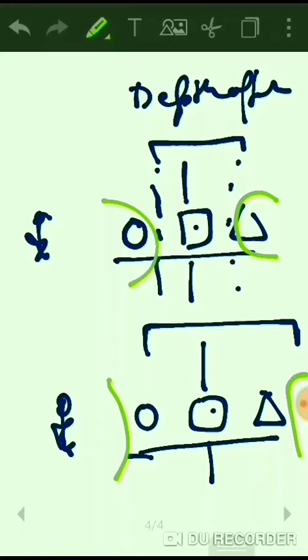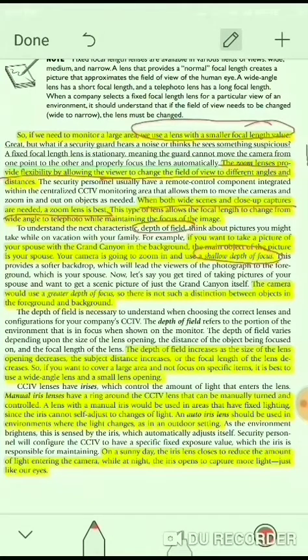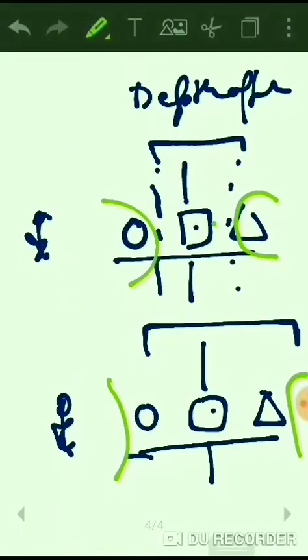So how does this relate back? Let's go back. It says, think about a picture that you want to take of your spouse with the Grand Canyon in the background. Isn't this related to this? That you're focusing on this, or you're focusing on this. Let's say the square is your spouse.